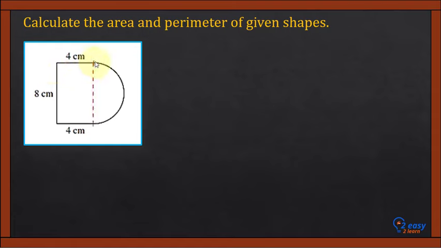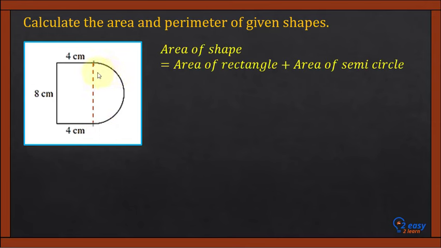If I draw this red line, the shape is divided into two parts: one is a rectangle and the other is a semicircle. To calculate the area of the shape, we should calculate the area of this rectangle plus the area of this semicircle. So area of shape is equal to area of rectangle plus area of semicircle.